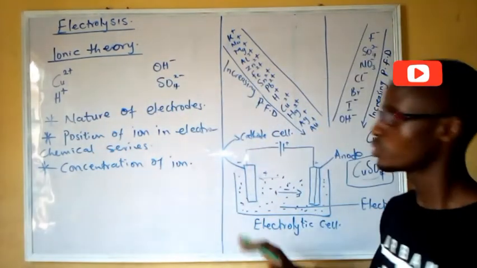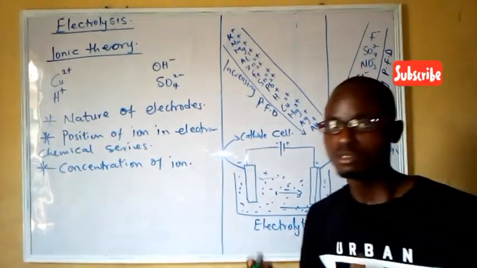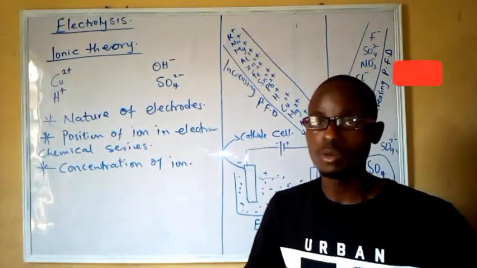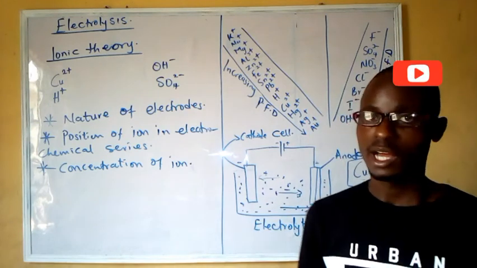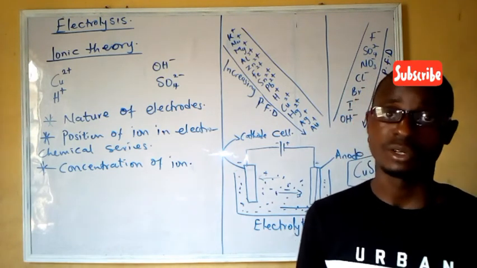These are the 3 factors that must be considered when we want to decide which of the anions will come out first or which of the cations will come out first.